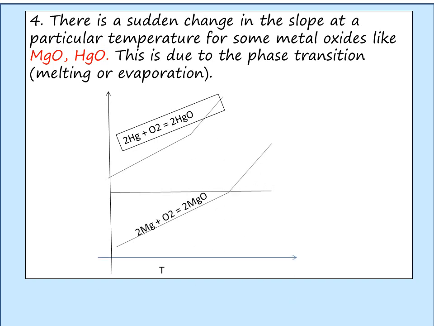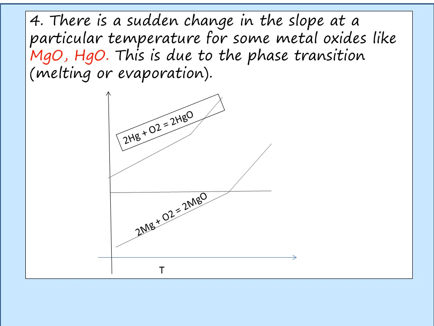If you see the graph of mercuric oxide and magnesium oxide, the graph is not a straight line. It is a straight line up to a particular temperature, then the line bends. What does it mean? The point where the line bends is called the transition temperature. It may be a melting point or the metal oxide might have started evaporating.